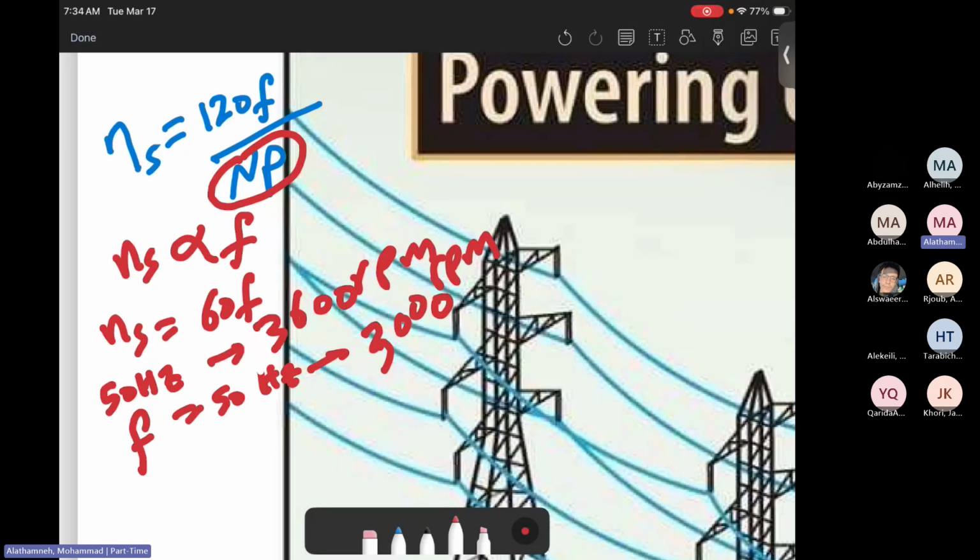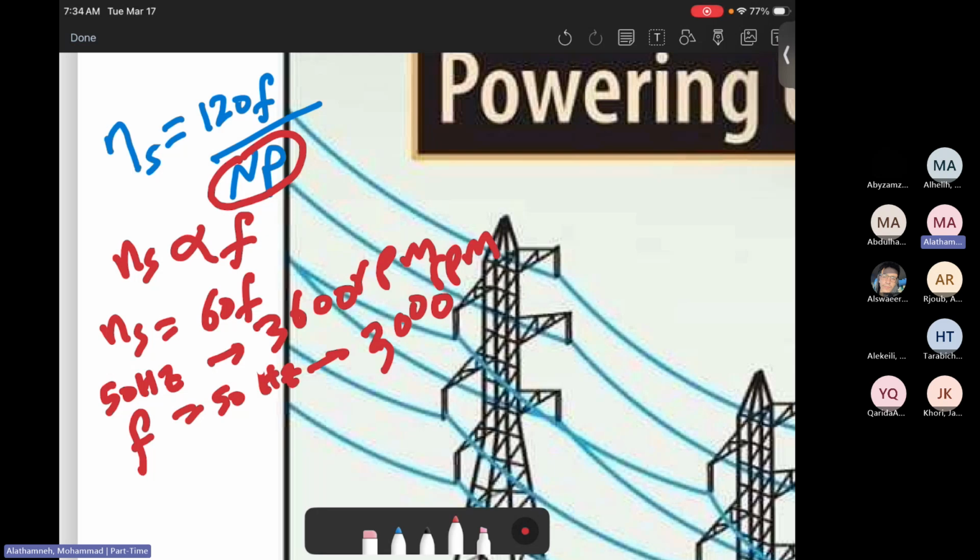So therefore, our target is to reduce the speed of the synchronous generator as much as possible. So there should be a trade-off: increase the frequency to remove the blinking of the light bulb, and on the other hand, decrease the frequency to remove the impact of the rotational losses and the vibration of the generators.